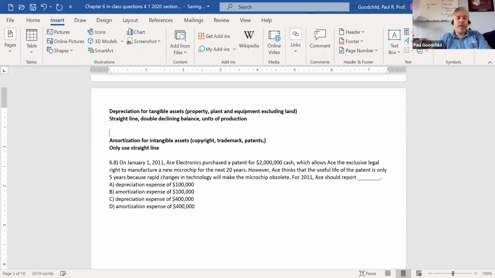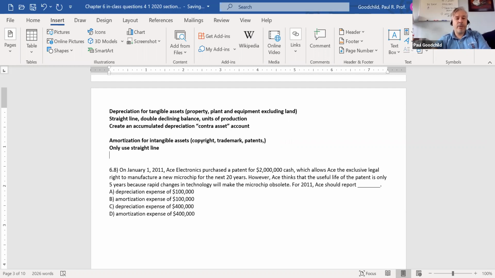Now, a couple other differences is that for tangible assets, we create an accumulated depreciation. Remember, it's a contra asset account. Forgot an I in there. All right.